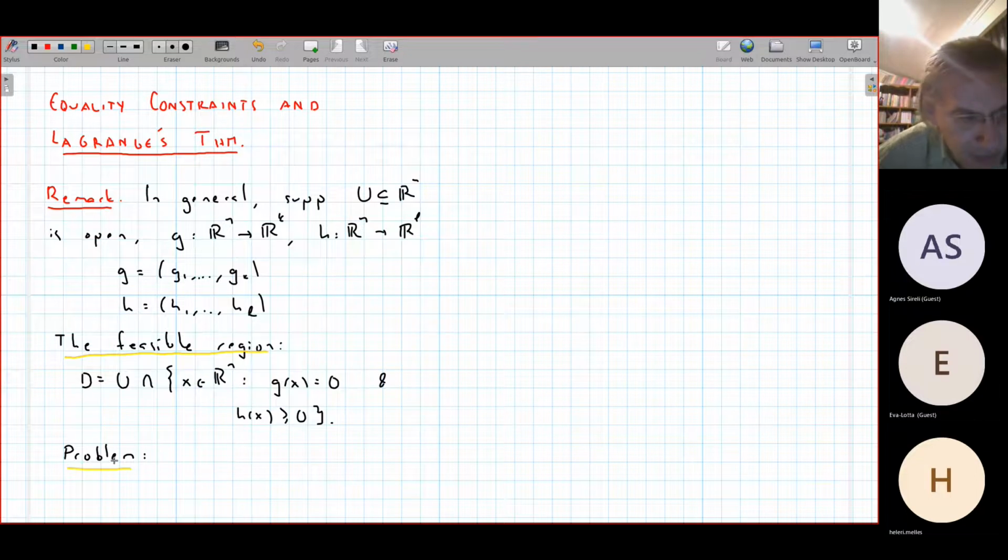The most general optimization problems that we are going to consider are the following. One type of problem is to maximize the function f of x over the feasible region D. And the other would be a minimization problem.